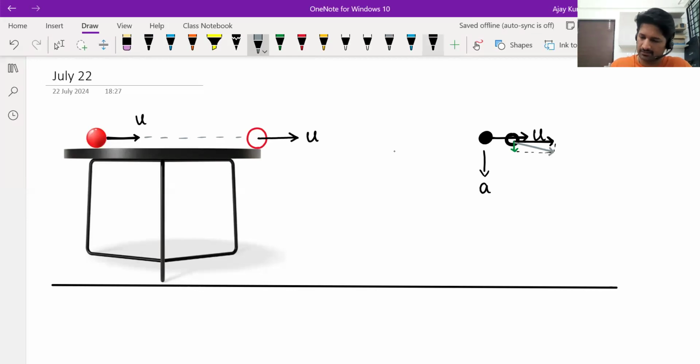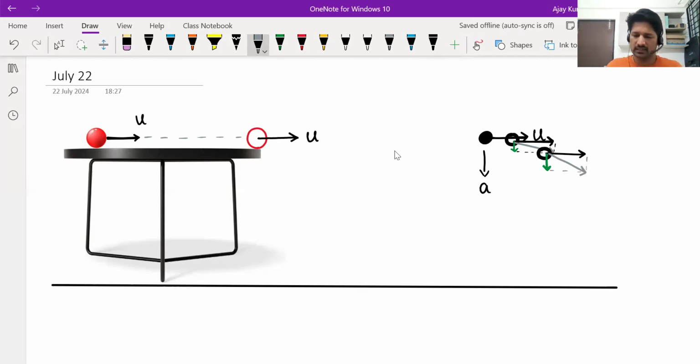An instant later, okay, assume the ball moves to this position. It will have the same x component of velocity, but now a slightly longer y component of velocity. Why? Because gravity continues increasing that component. So as a result, its velocity will be further tilted downward like this.